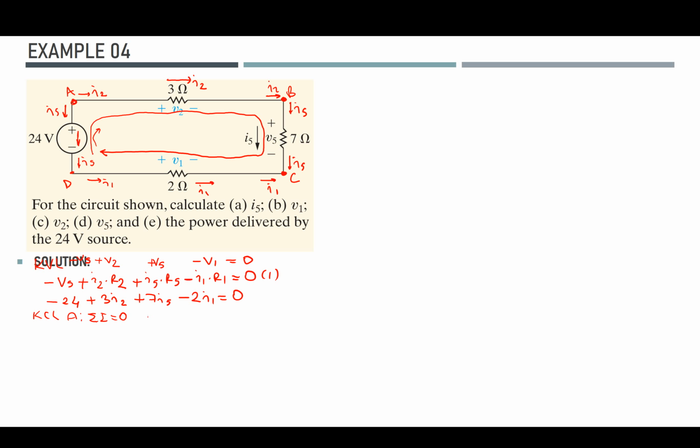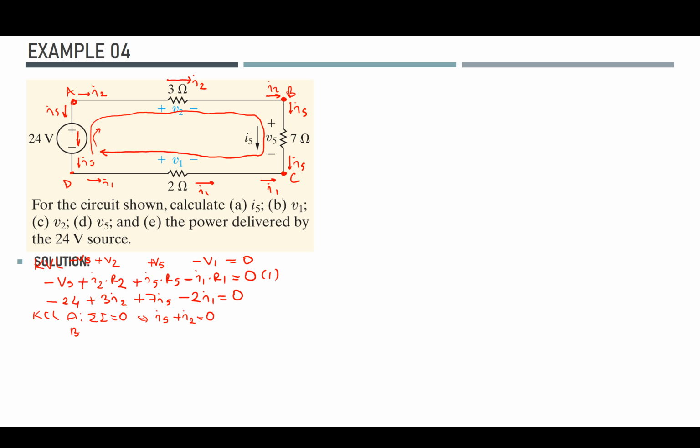Since the I source is leaving the node, it's going to be a positive value. From here I say I source plus I2 should be 0.